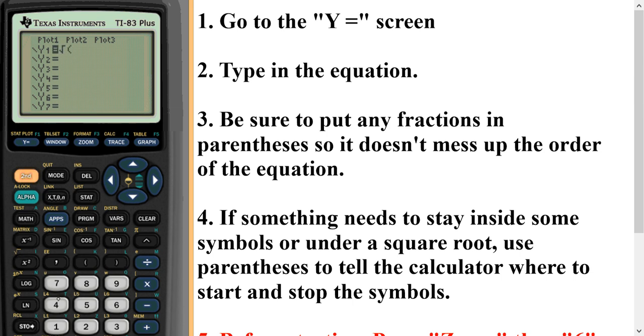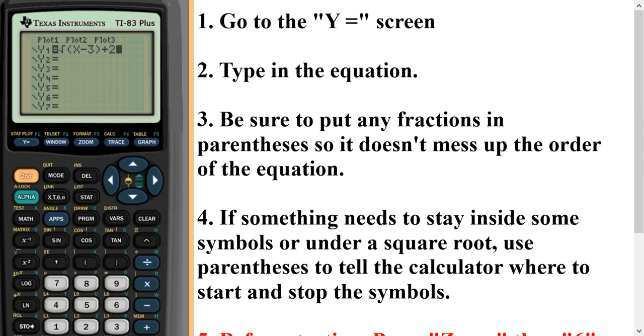And then I would type in x minus 3, and then I would close my parentheses to show that x minus 3 is all underneath the square root sign. And then if there was a plus 2 outside, I could put plus 2, and that would show that it is outside the parentheses.